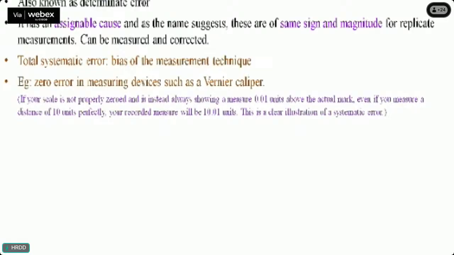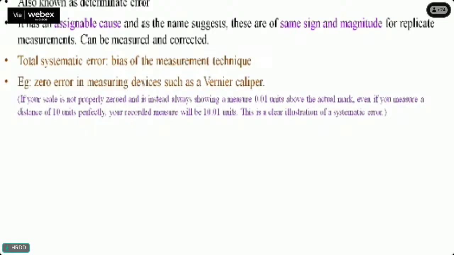Once you understand that he or she always makes the readings higher, any doubt? Accordingly, we can assess the data. So that much margin one can keep, and that way we can correct. If we are able to predict the behavior, we will be able to sort the problem out. First, we have to understand how the data is behaving. So that way, systematic errors can be addressed.